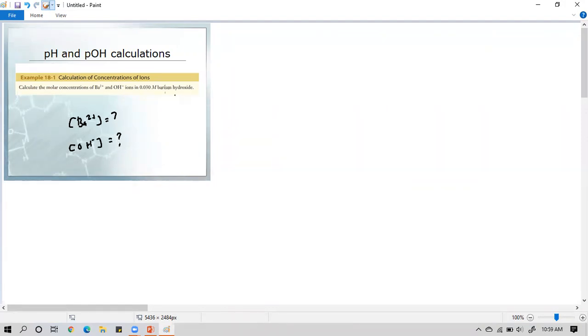Okay. So, the barium hydroxide here is dissolved in water. Now, we all know that barium hydroxide is a strong base, so it will undergo complete ionization. Let's bring barium hydroxide.